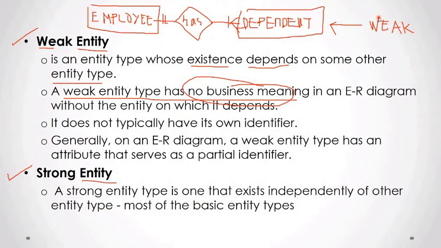Okay? Now the opposite of that is, they call it a strong entity, and it simply is an entity that exists independently of other entity type. And in the definition, it says here, most of the basic entity types.